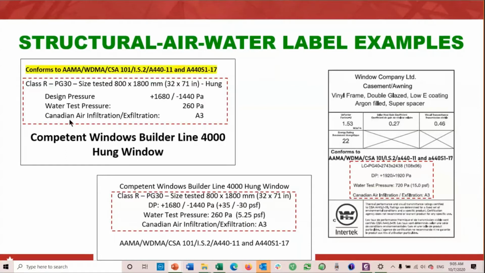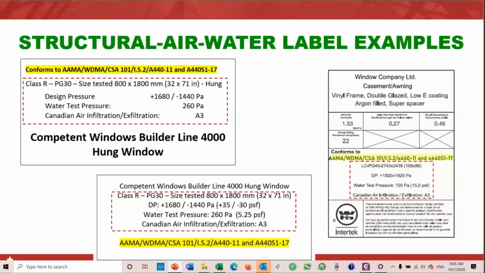The other thing we want to see on the label is the version of the standard that these properties were tested to. And finally, we want to identify the manufacturer and a description of the product line. Now, the two labels on the left are just describing the structural air-water performance.